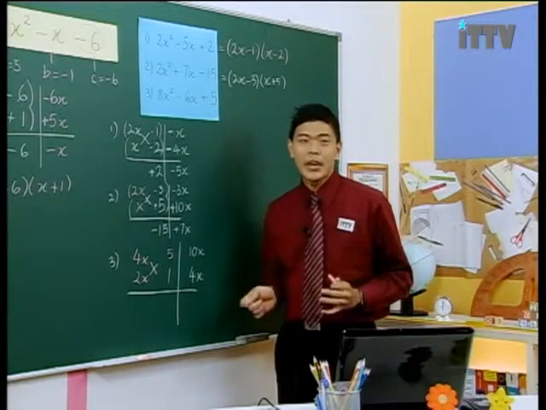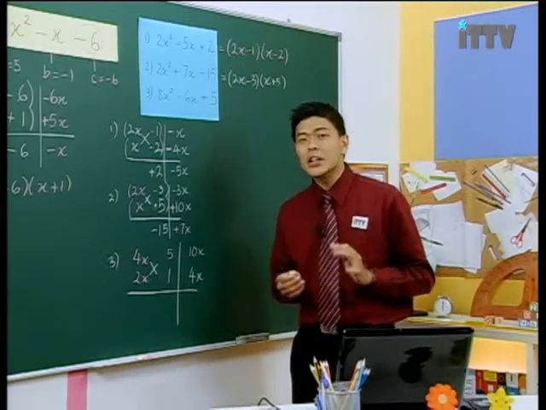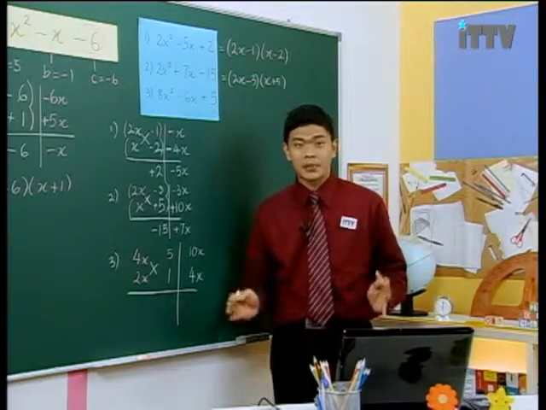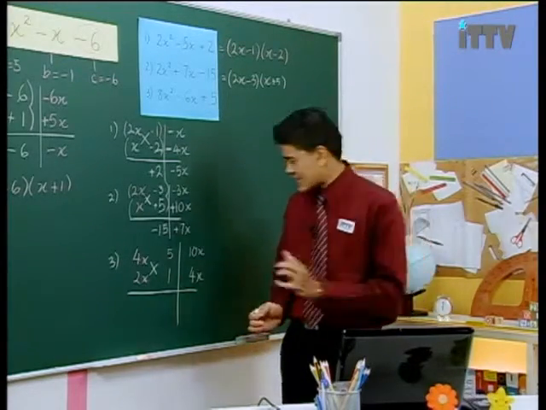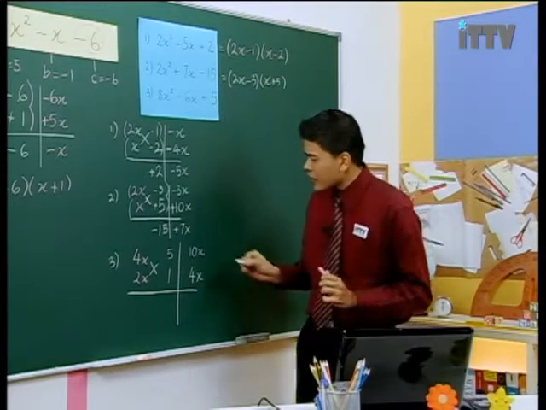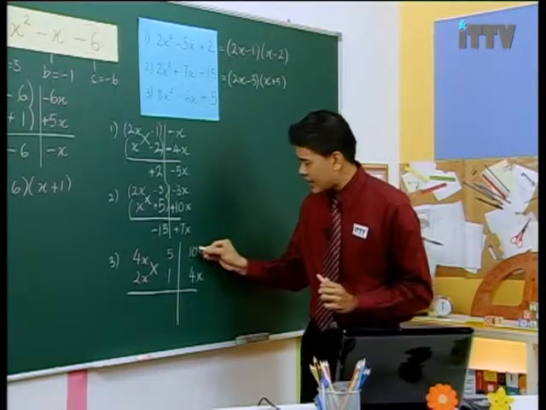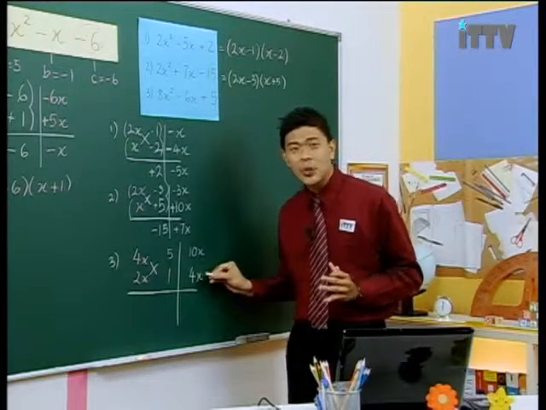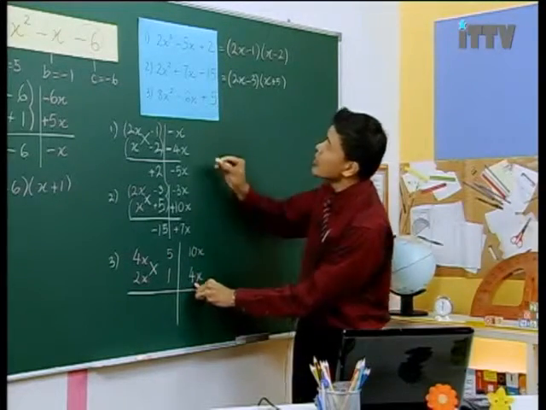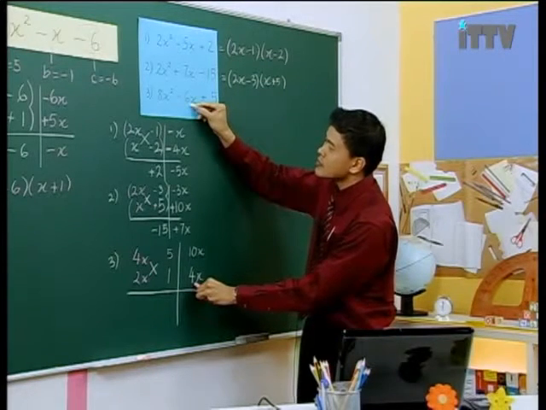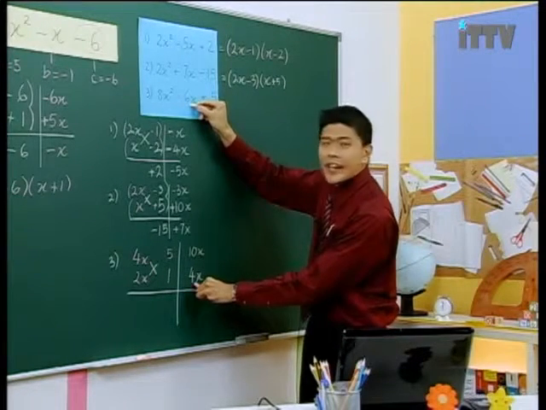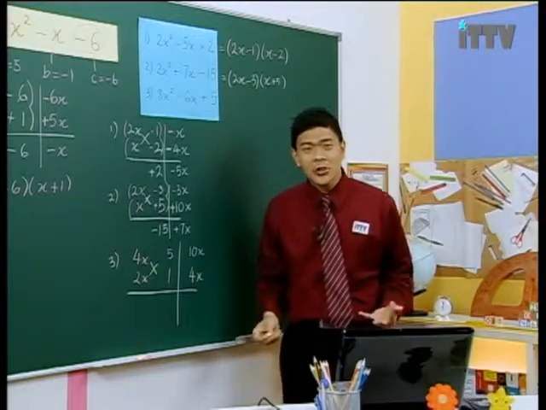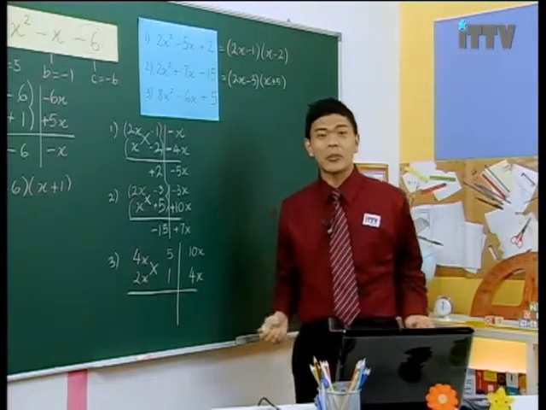They must match the terms in the original quadratic expression. Now, is there a certain way that you can rearrange the positive and negative signs in 10x and 4x such that you will get, remember, check this with the middle term. Can you get a negative 6x? Of course you can.